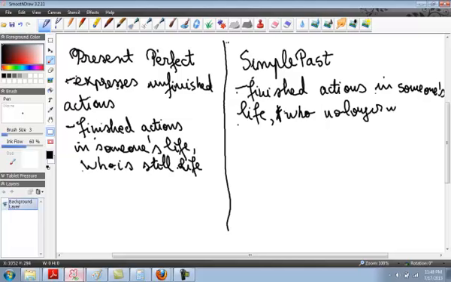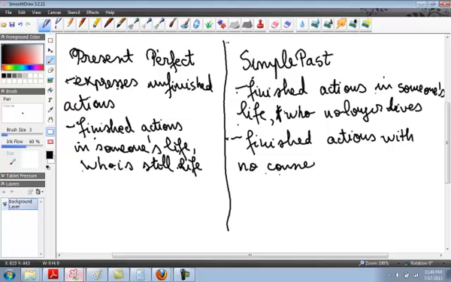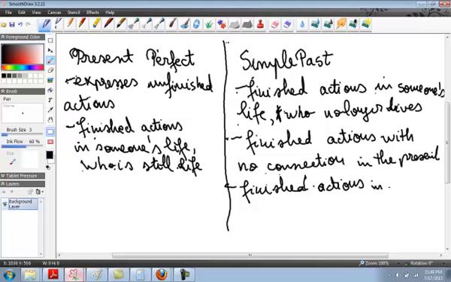So, who no longer lives, or finished actions with no connection with the present, or finished actions in periods of time finished, like last week, yesterday, and so on.